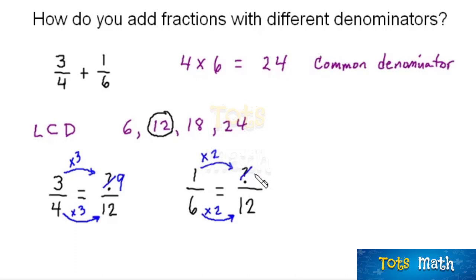And that gives us a numerator of 2. So 1/6 is the same as 2/12. So now we can rewrite the original problem. Instead of 3/4, we're going to write 9/12. And instead of 1/6, we're going to write 2/12.